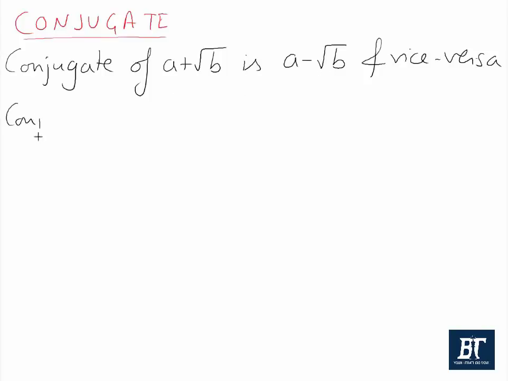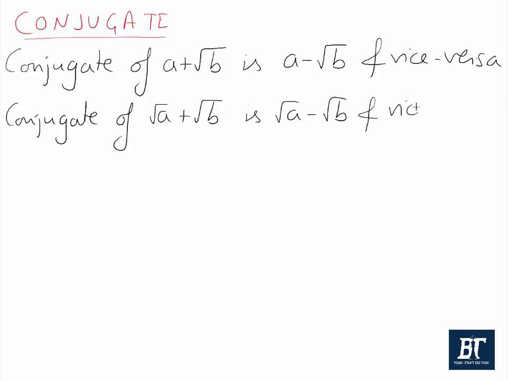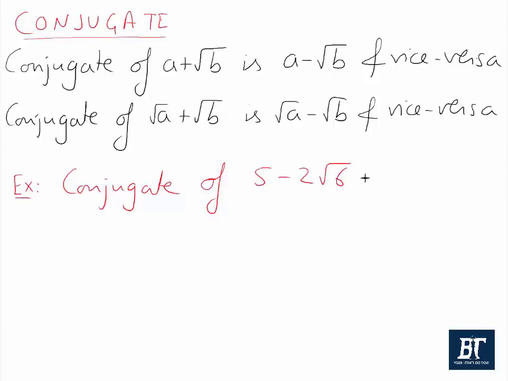Similarly, conjugate of root a plus root b is root a minus root b and vice versa. Example, conjugate of 5 minus 2 root 6 is 5 plus 2 root 6. Conjugates generally help in rationalization.